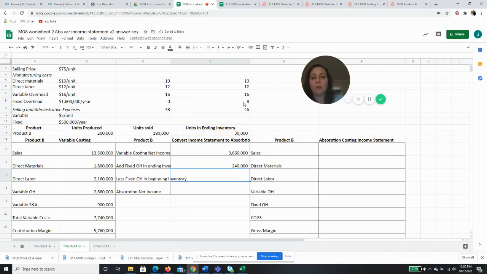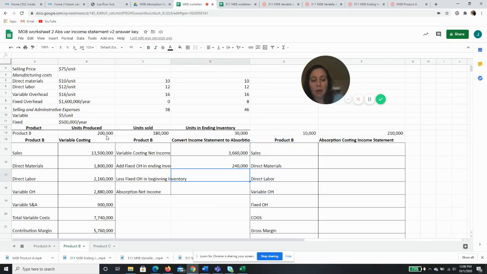Then I'm going to subtract beginning inventory. Remember, units sold plus my ending inventory is equal to my beginning inventory plus units produced. So take that number and subtract my units produced. That'll give me my beginning inventory of 10,000 units.